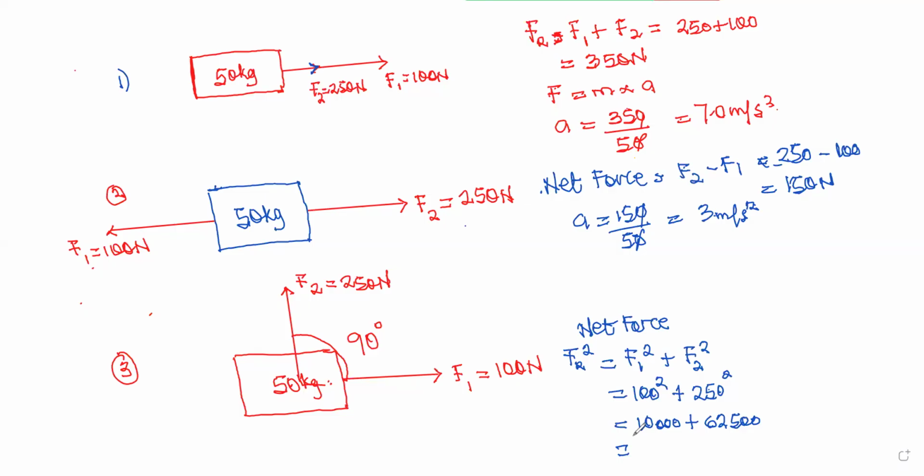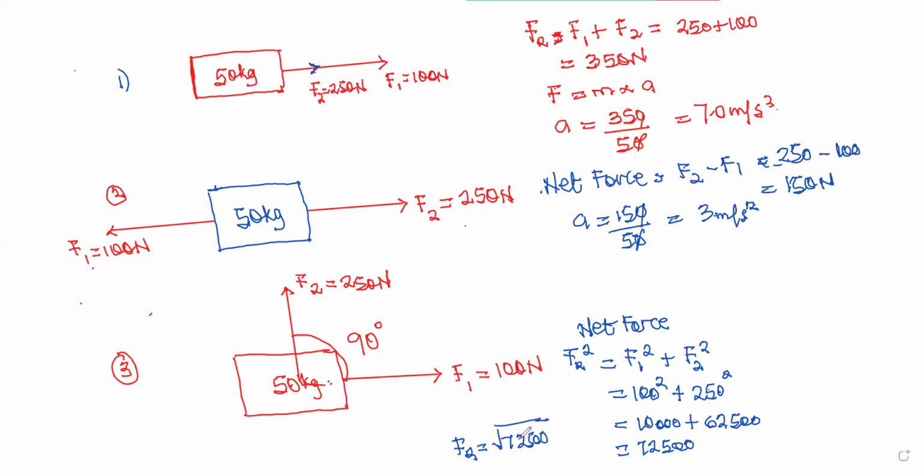72,500, is that correct? Yes, sir. All right. Therefore, FR, which is the resultant, will be equal to the square root of 72,500.